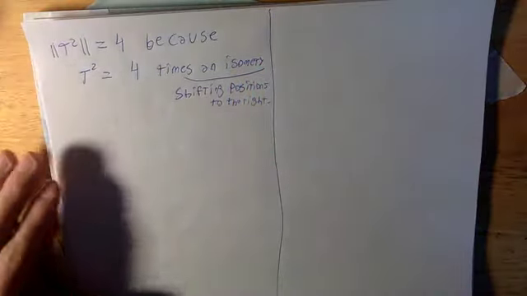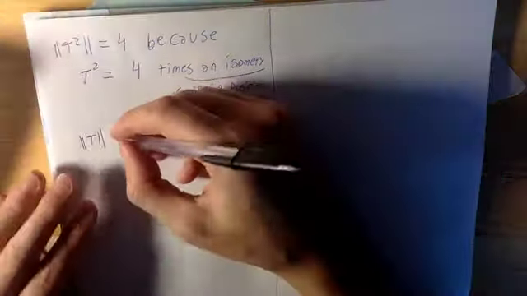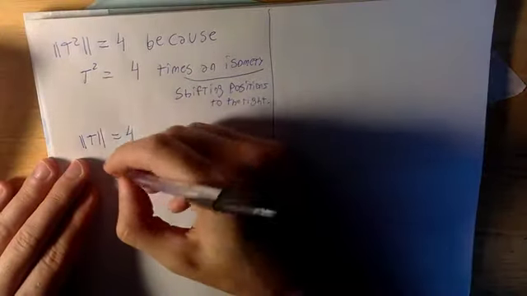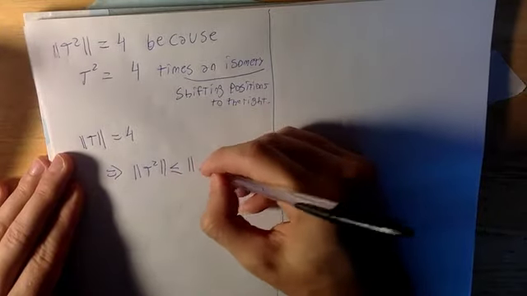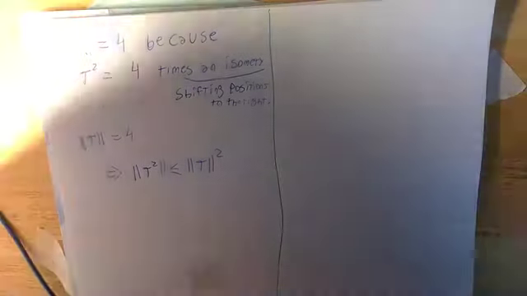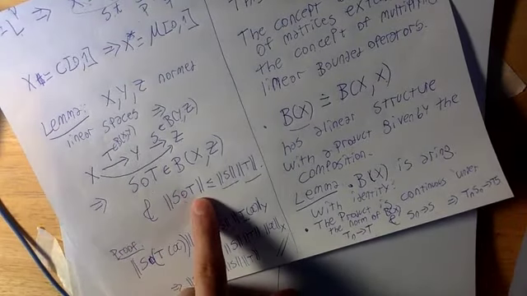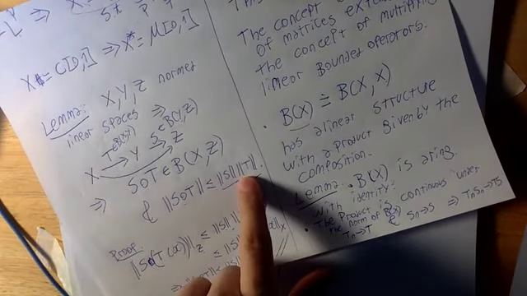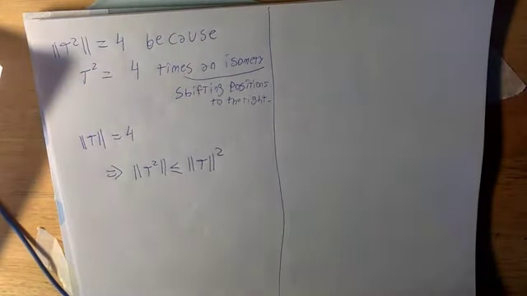Okay, but this is very different from the norm of T. As we can see before, the norm of T is equal to 4. Then the norm of T squared is less than or equal to the norm of T squared. This is the lemma we proved before, the lemma of the composition of SOT: the norm of S times T is less than or equal to the norm of S times the norm of T. So the norm of T squared is less than the norm of T squared.